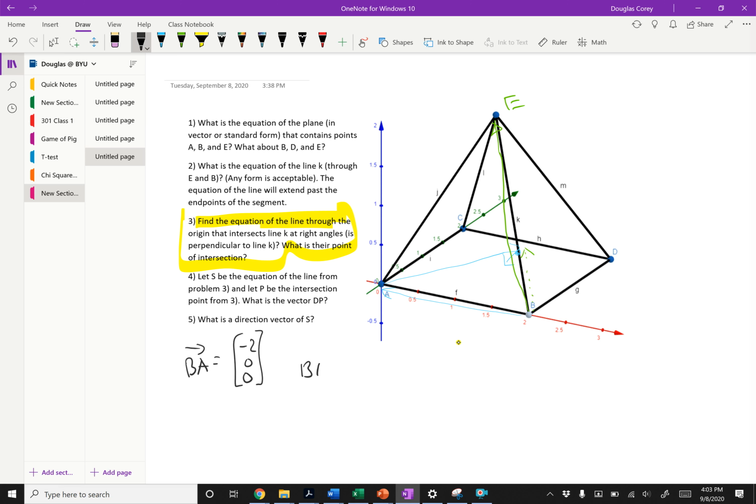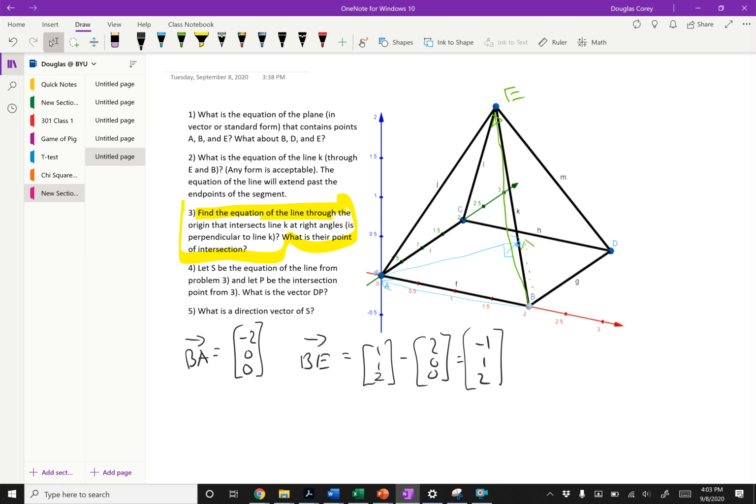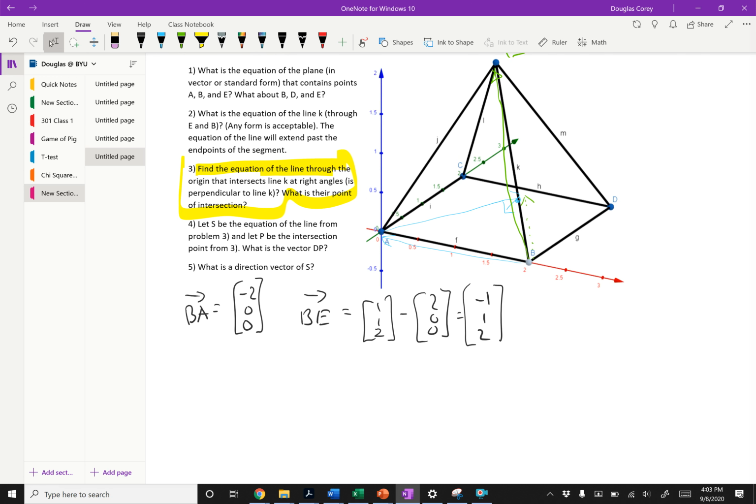So BE, we subtract the tail from the head, so E is 1, 1, 2, subtract 2, 0, 0, we get a minus 1, 1, 2. And now we can apply the projection formula.